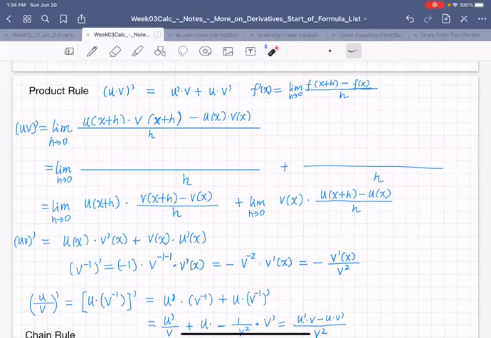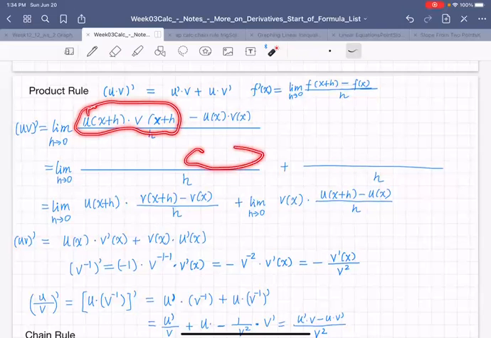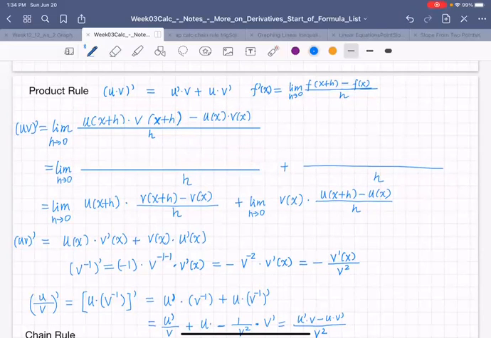I think you expand, right? Yes. So we copy down this, and what should we write down here? It's just distributing it, right? So it's u of x plus h, and then you do times v of x plus h.